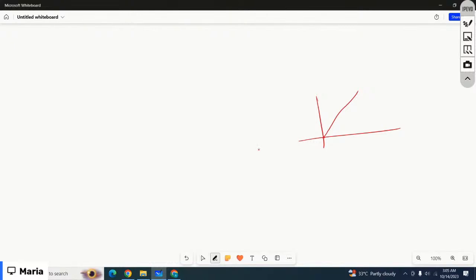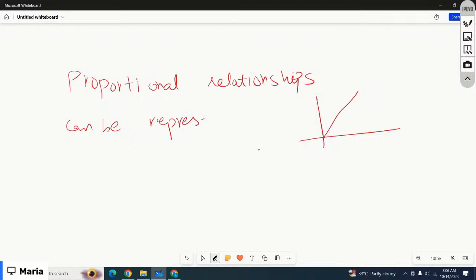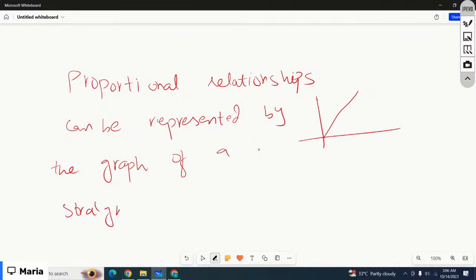You can note down on your notebooks: proportional relationships can be represented by the graph of a straight line through the origin with a slope equal to the unit rate, right?